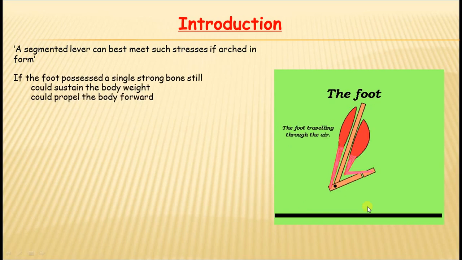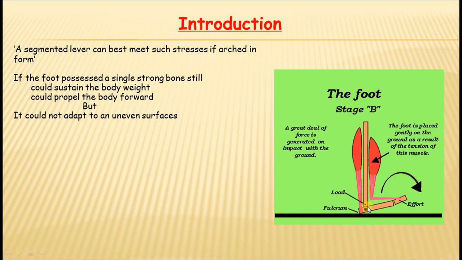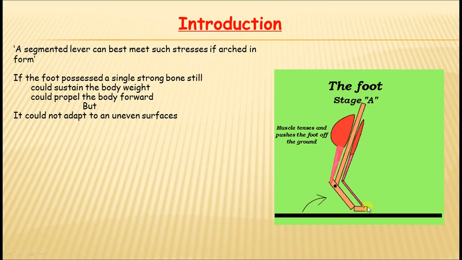Second thing is, as I told you, if it is a single long bone it can sustain weight and it can propel the body forward, but it cannot adapt to uneven surfaces. Our foot should be pliable and a resilient structure, and at the same time it should also be a rigid structure, which is very, very important.